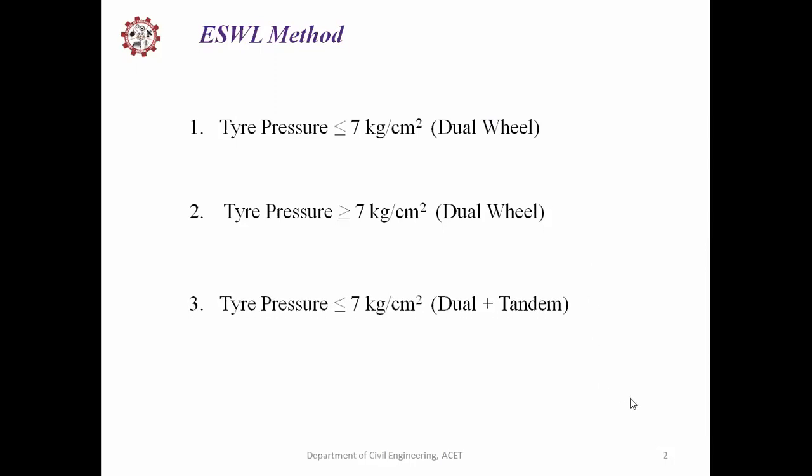Tire pressure less than or equal to 7 kg per centimeter square, dual plus tandem. And next is tire pressure greater than or equal to 7 kg per centimeter square, dual plus tandem.